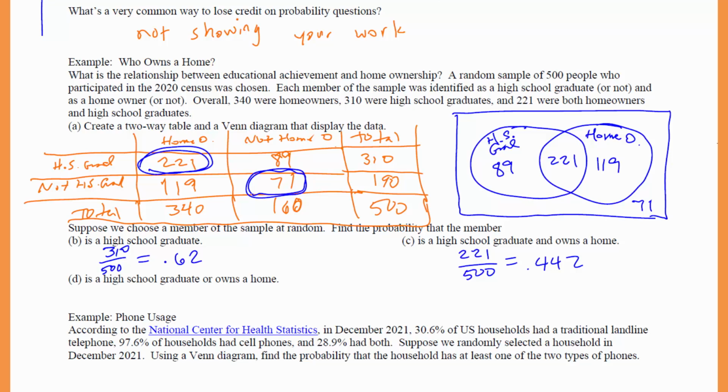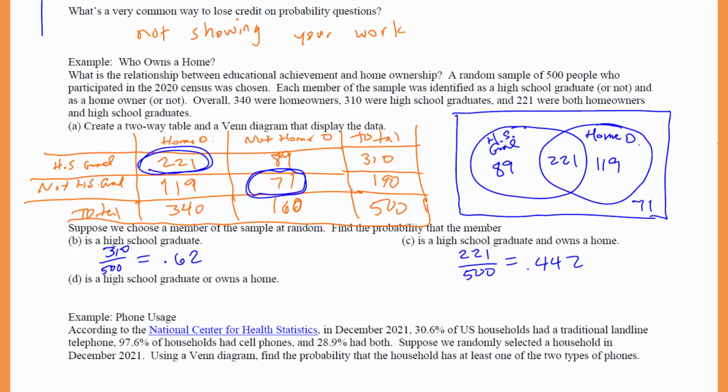And part D, find the probability that the member is a high school graduate or owns a home. So from the table, being a high school graduate or owning a home means that you are a high school graduate or you own a home or both. We could get it in a few different ways.